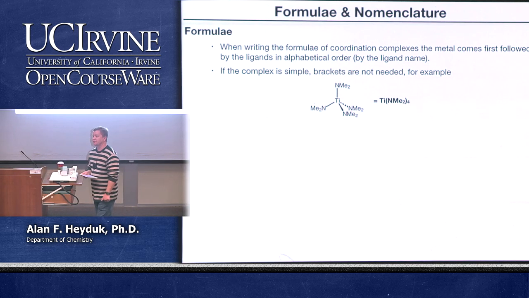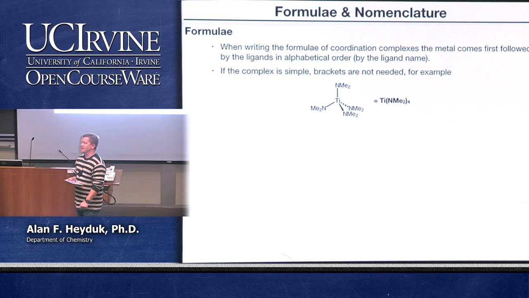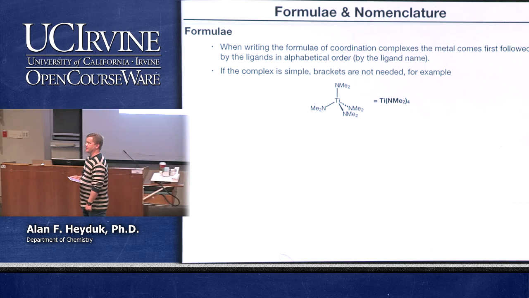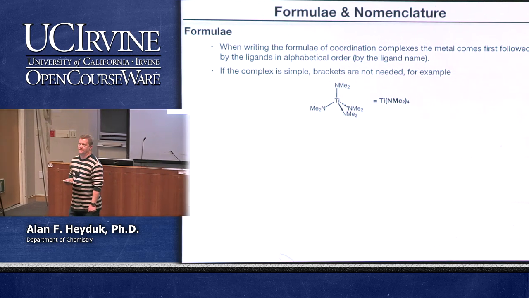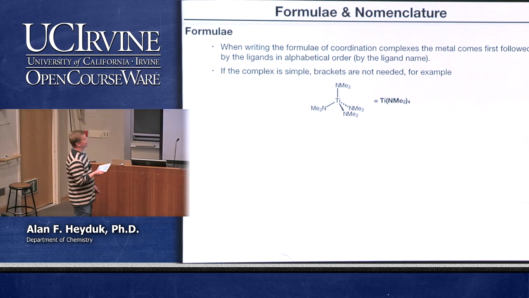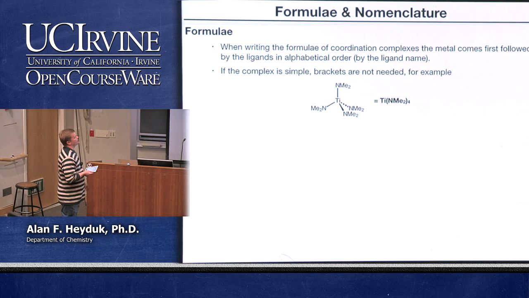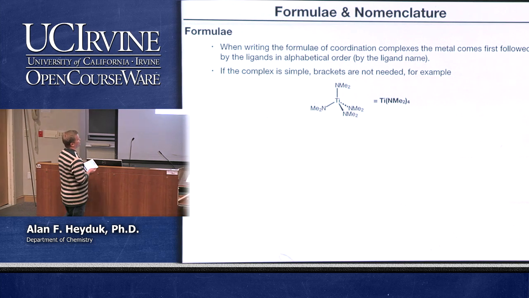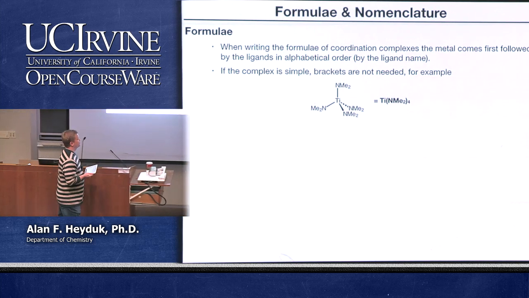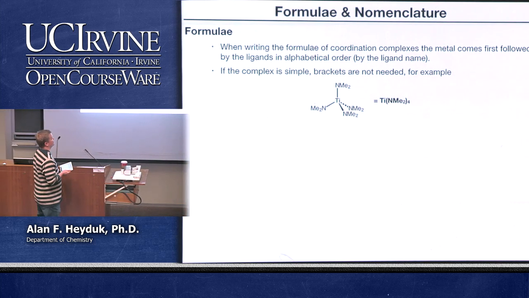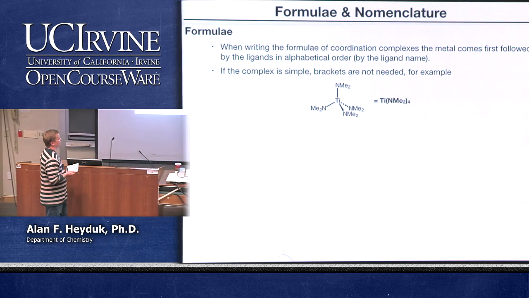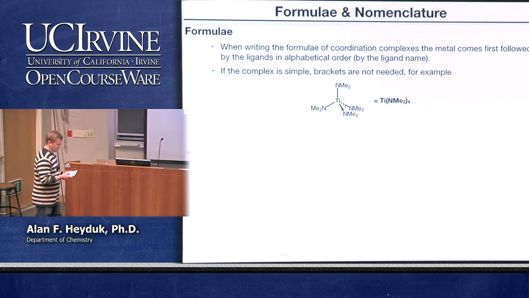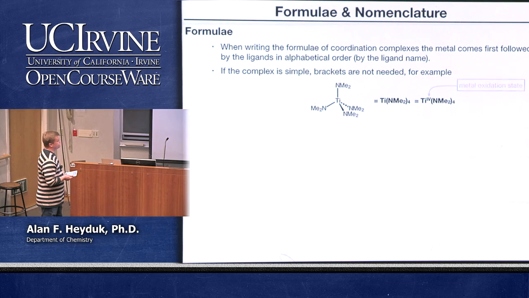Well, that should confuse you because you'll notice that when I gave you the name, I gave you the ligands first, followed by the metal. But in the formula, we give titanium first, and then we just use parentheses to denote the dimethylamido ligand with the 4, the N.